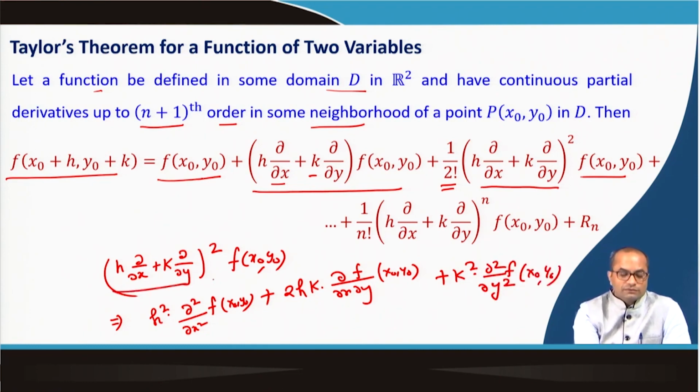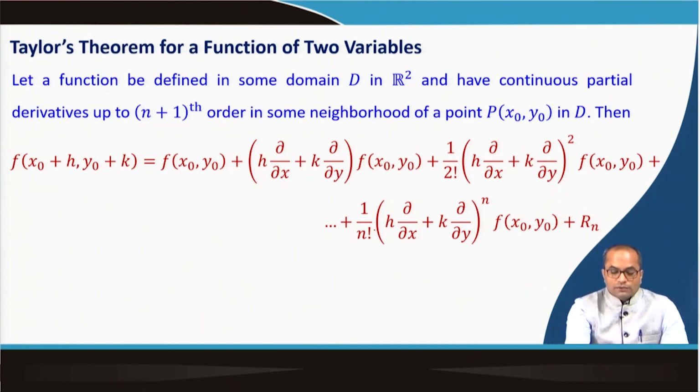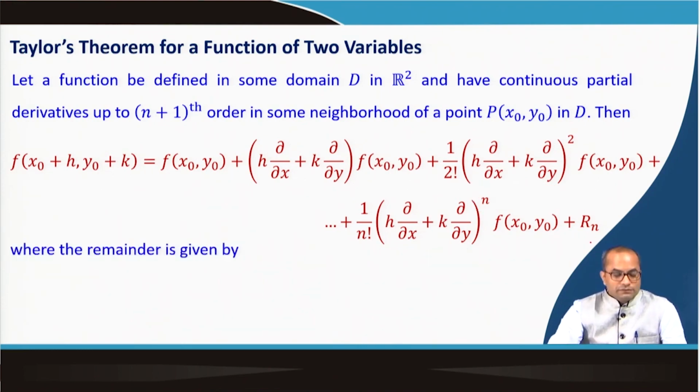So, this is the meaning of this square, and then the cube term and so on. This will go up to 1 over factorial n, with the power n having the meaning clarified just for the square term, and then we have the remainder term here.